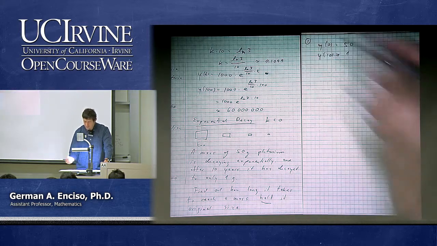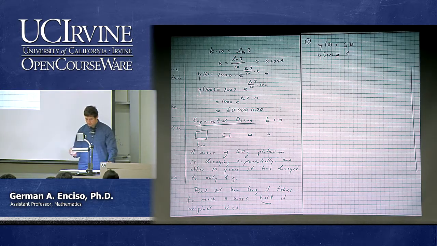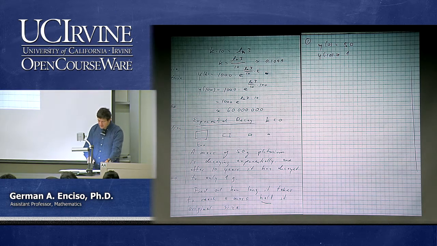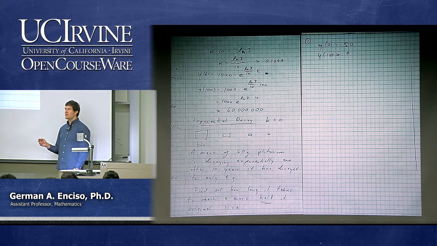This was the first part, turning the information into math. Let's turn the question into math. How long does it take to reach a mass half its original size? How do we write it down as an equation?